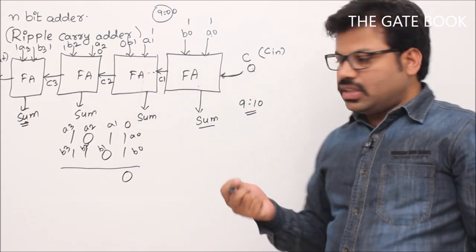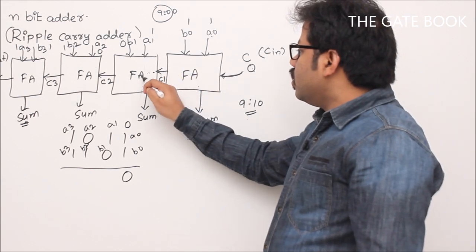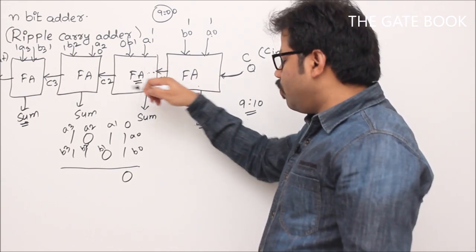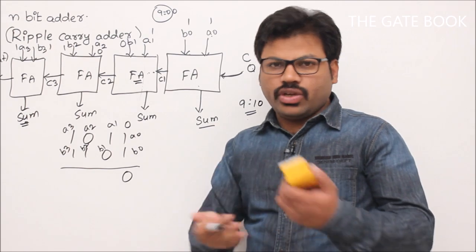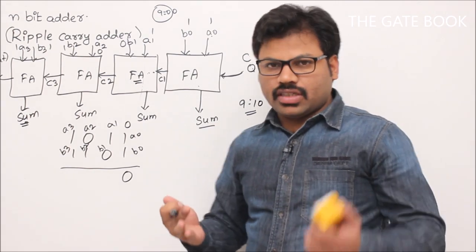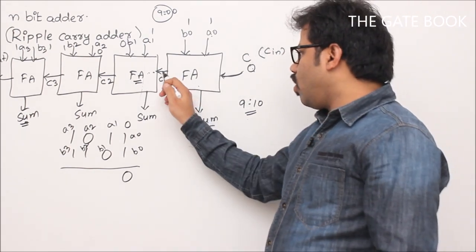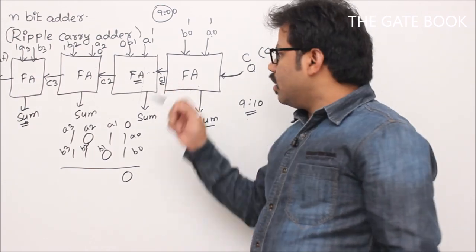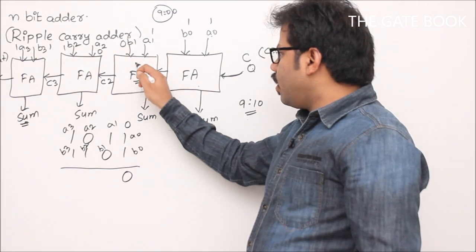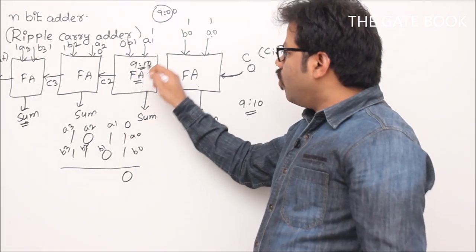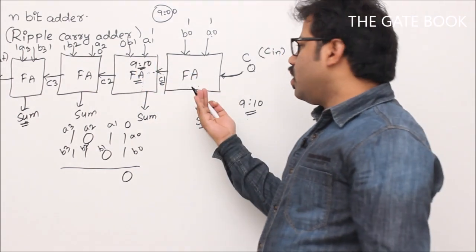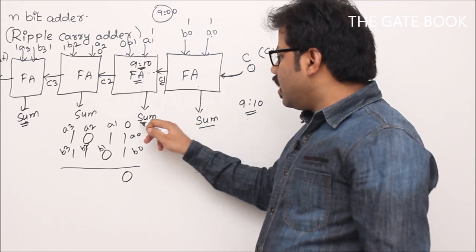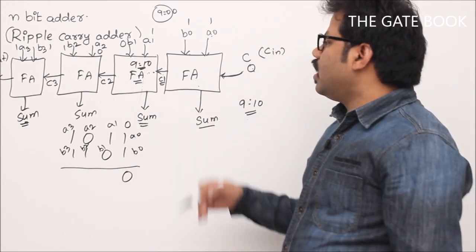Before that, the full adder is also doing something, but that is not relevant for us. When it is relevant, at 9 o'clock 10 minutes, C1's input is valid for us. That valid input will be taken at 9 o'clock 10 minutes and it starts working. Before that it also works, but we don't seriously take the output. So there will not be any problem.